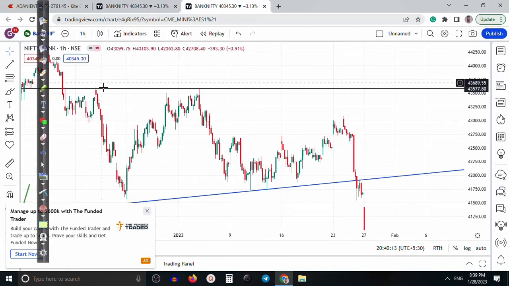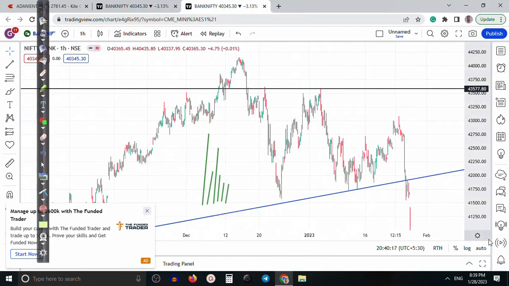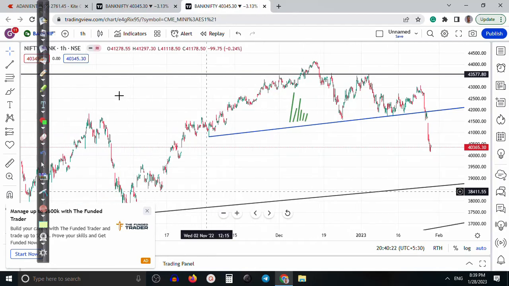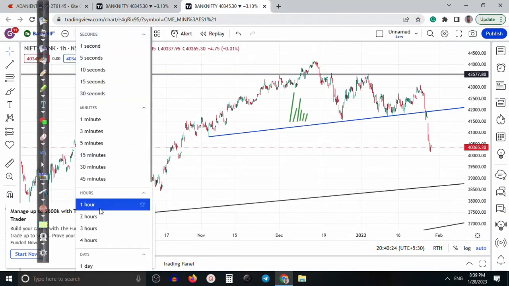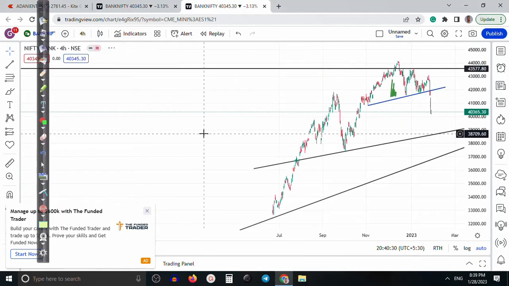Let me use these two points automatic. Okay, we have to use the 4-hour chart. Please go to the 4-hour chart.